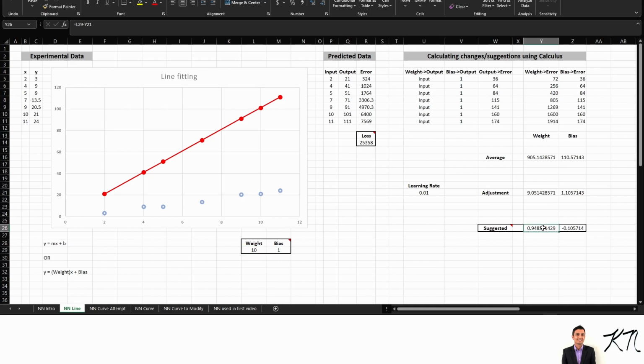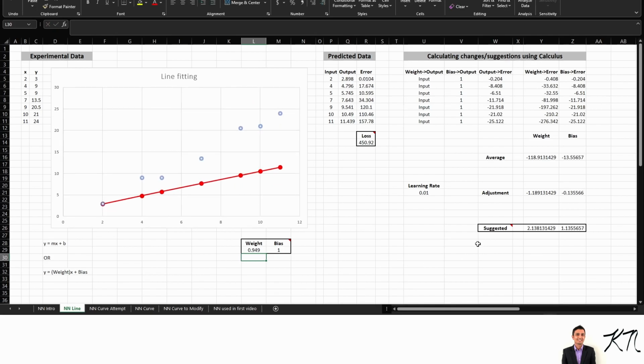That's what the suggestion is: take the weight that you currently have in your model and subtract out the suggested adjustment. And so that's what you get for your suggested values. So how do I make my model better? Use these values, right? So now you've got 0.95, or let's just say 0.949. That's your suggestion. And all of this gets updated as well.